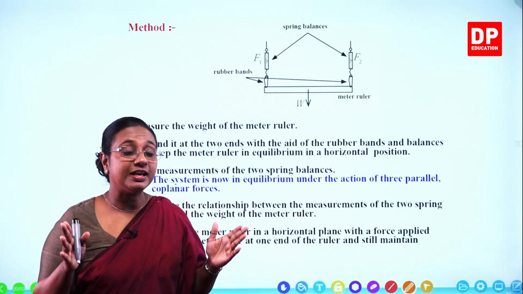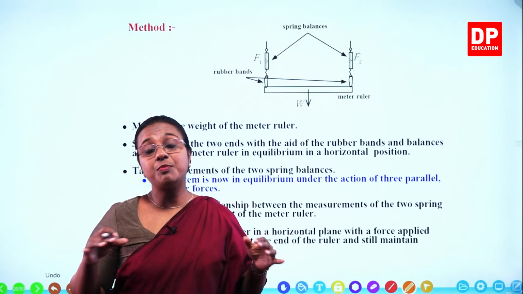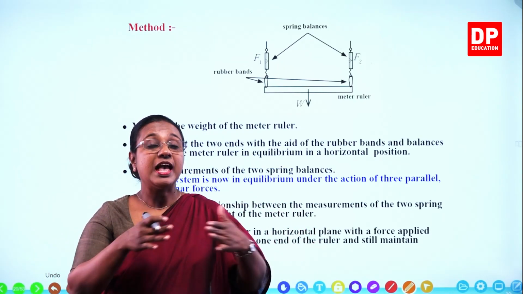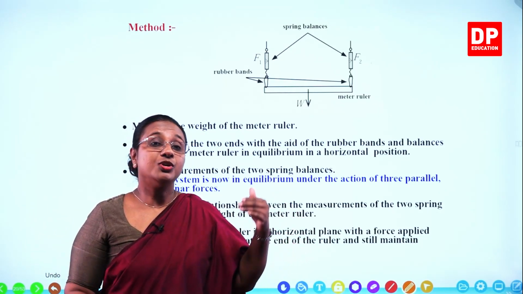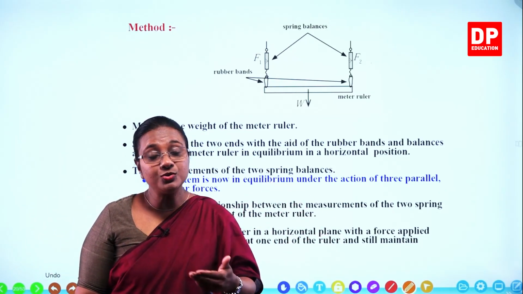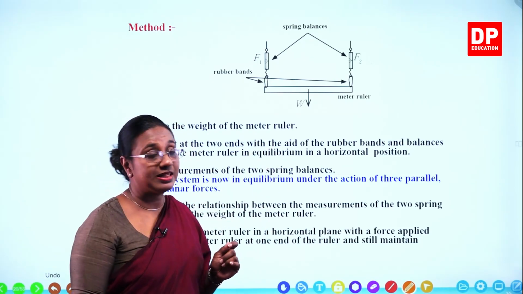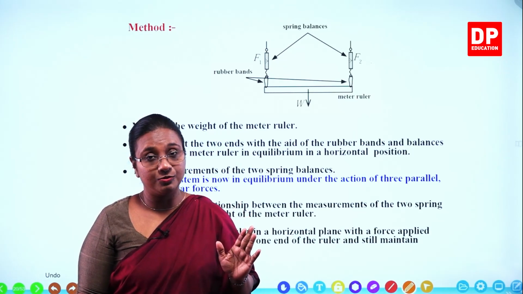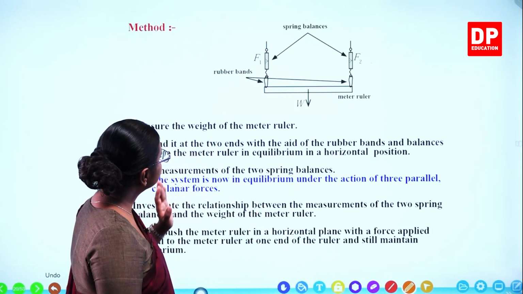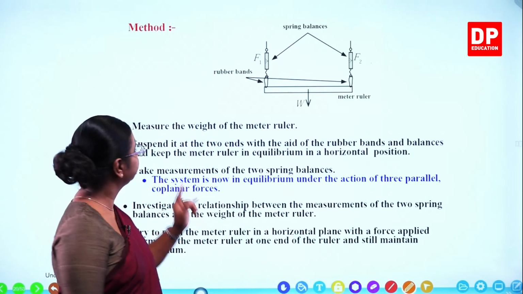That will not make a difference as long as the strip of wood is uniform, and also you have to attach it in a correct manner. So during the activity, I will use a strip of wood attached with the meter ruler in order to increase the weight of the meter ruler. So this is how we do the activity.